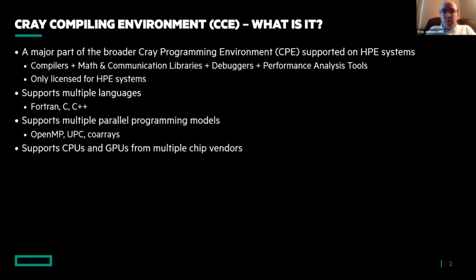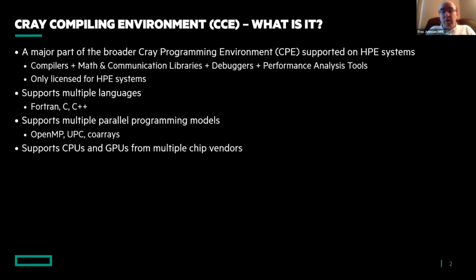We sell it for the systems that we sell. Our compiler supports multiple languages, meaning Fortran, C, and C++. Those three are the ones that we support, and we support the most modern standards for those.